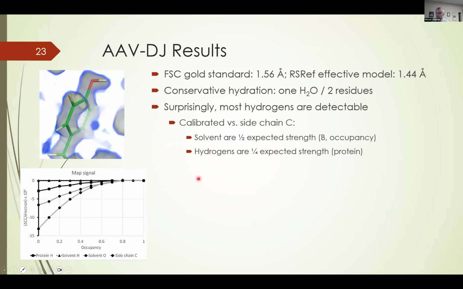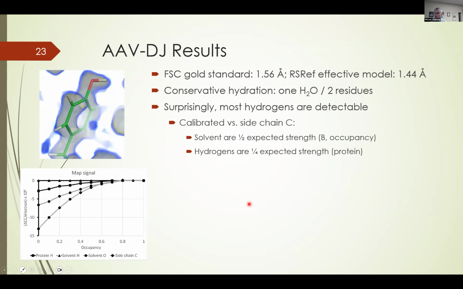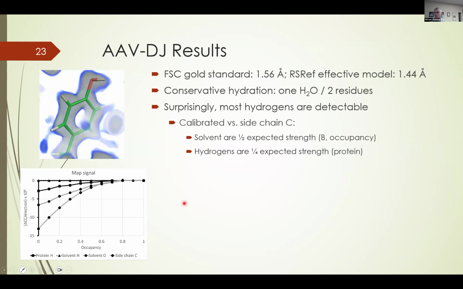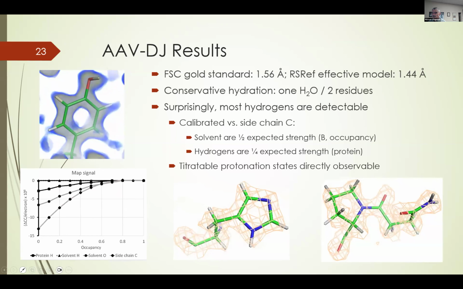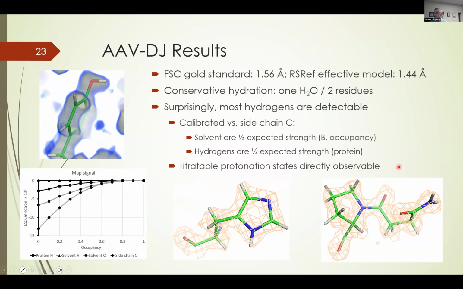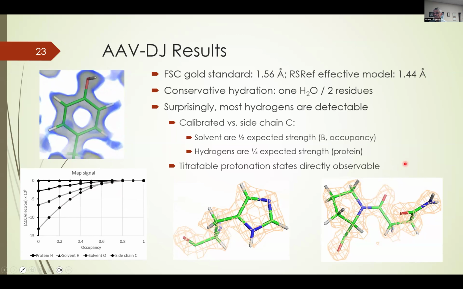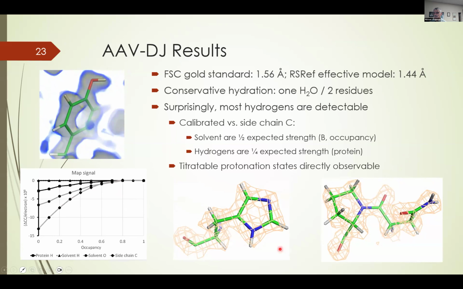So they're not at full strength because we don't have full scattering at this resolution, because they're not fully resolved, and because of disorder. But there's certainly significant signal that gives us confidence that these hydrogens really are there. And indeed, we can find hydrogens for example, about half of the histidines in our structure, and that allows us to tell the protonation states.